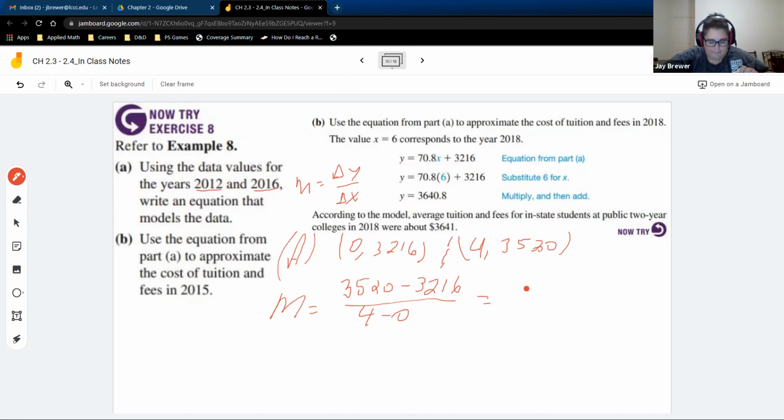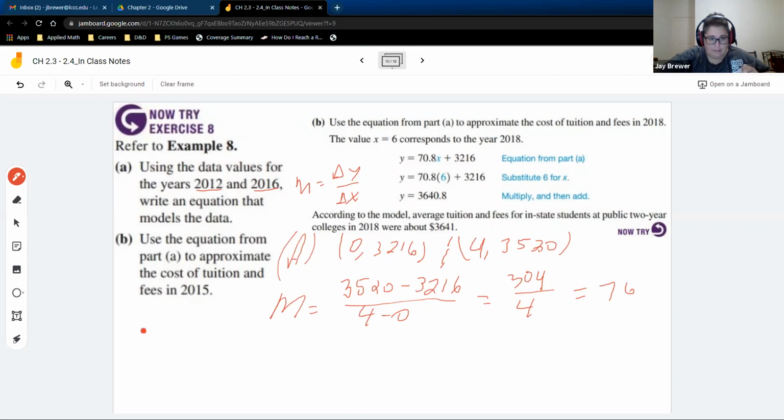Sometimes you can do that. You don't have to, because it's the same difference: 2016 minus 2012 is the same as 4 minus 0. You still get 4 out. 3,520 minus 3,216, you can verify me, gives you 304. When you divide that out, you get 76.